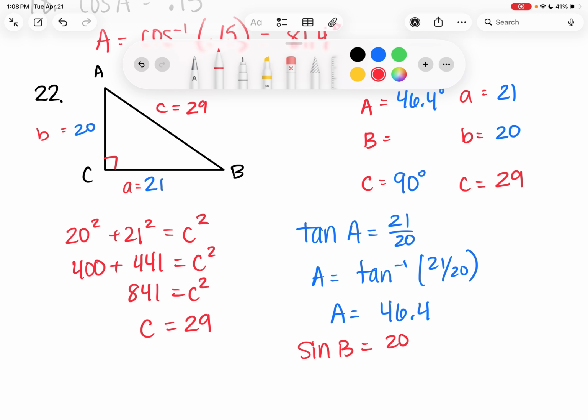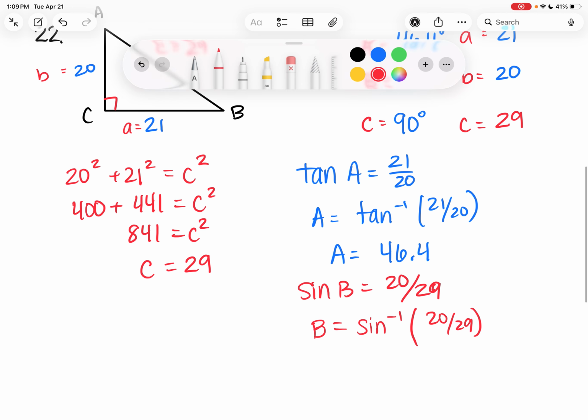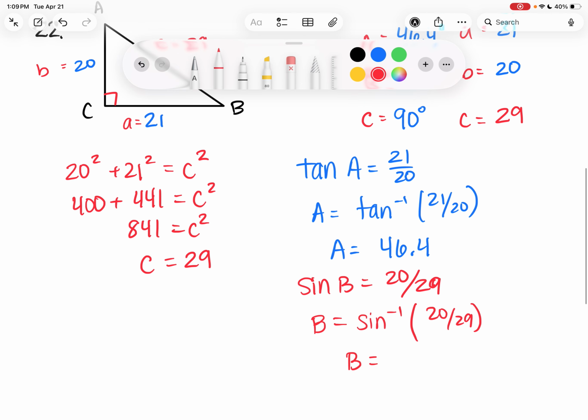Yep, opposite over hypotenuse. So that means that B is equal to the inverse sine of 20 over 29. 43.6.